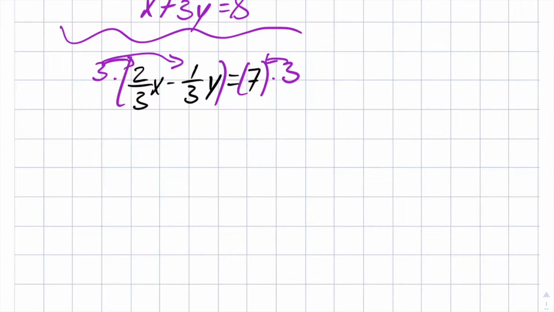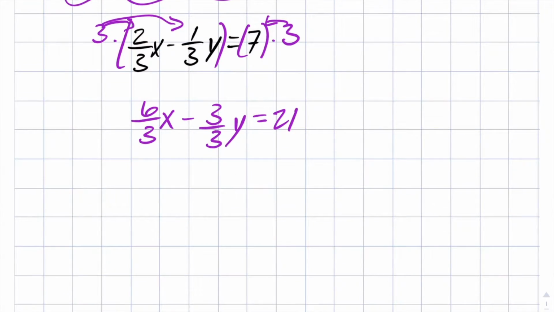Okay? 3 times 2 is 6 over 3x minus 3 times 1 is 3 over 3y equals 7 times 3 is 21. Okay? And like before, now we're just going to simplify.